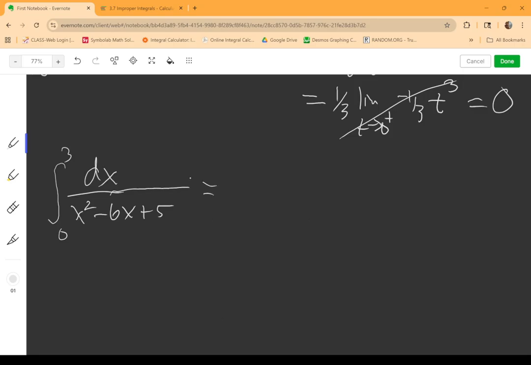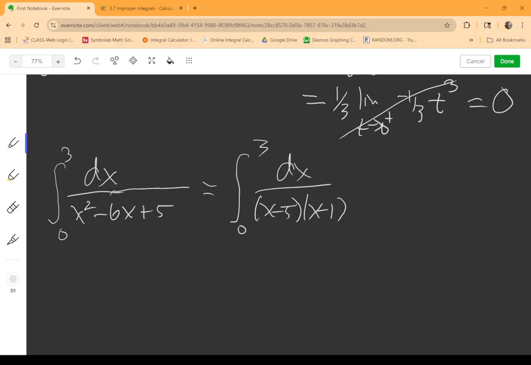I'm going to factor the denominator just to get an idea of what's going on here. So x minus 5, x minus 1. Then we notice that this function itself is undefined at 1. When I plug in 1, I get 0 in the denominator.